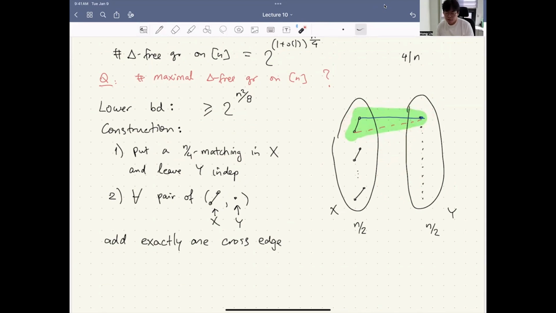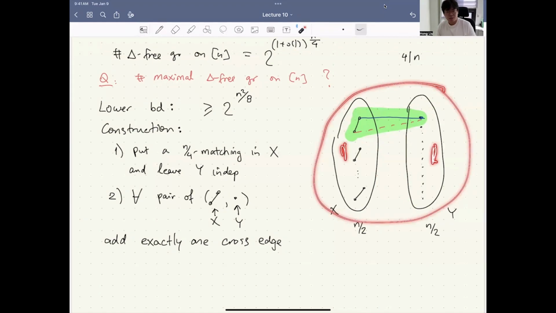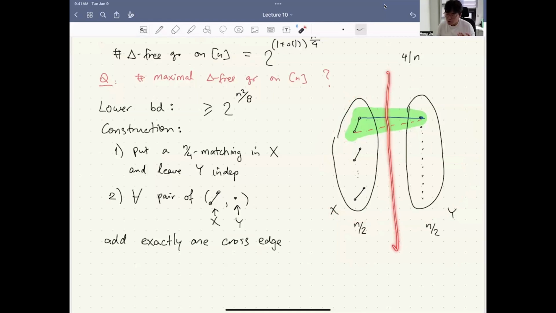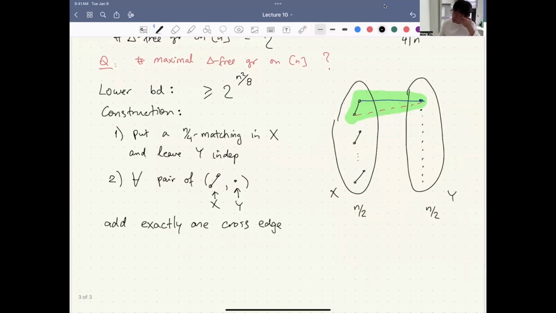So if some graph after steps 1 and 2 is not maximal, you can add edges inside to make it maximal. They necessarily would be extended to distinct maximal triangle free graphs because they can be distinguished by looking at this cut. No more edges can be added at this cut, and all these cuts are distinct. I will not write the last item. So they might not be maximal, but can be extended to maximal. Okay. Maybe let me write it.